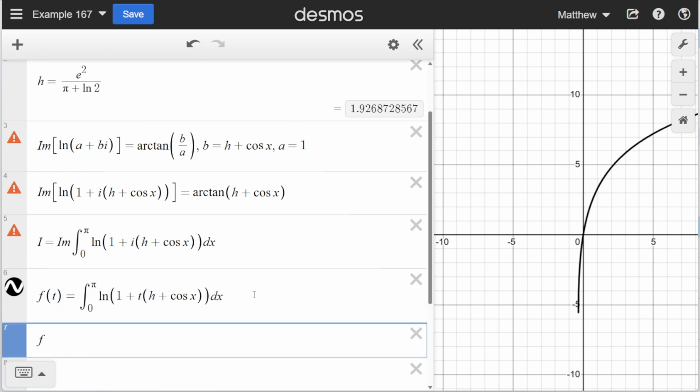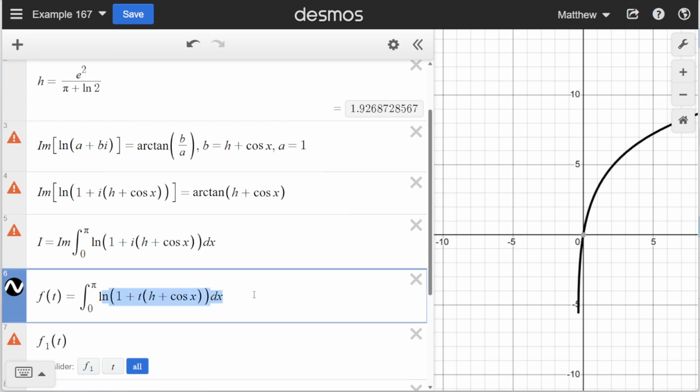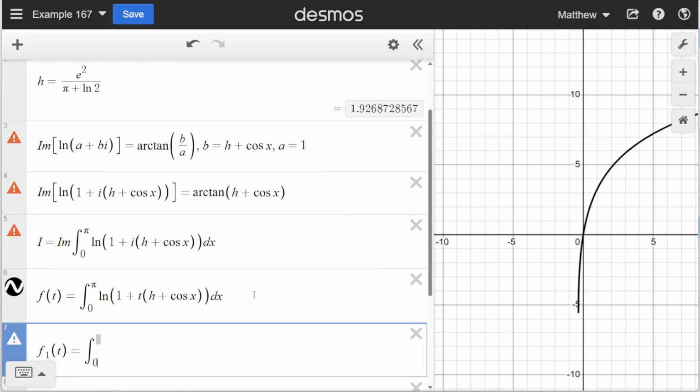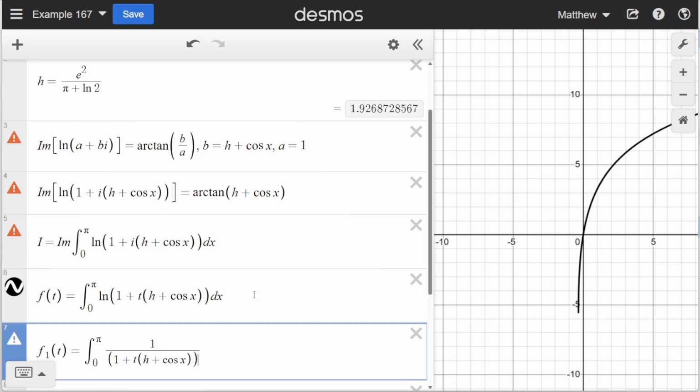So now I'm going to write it as f1 of t. Just know that that means f prime of t. It's going to be equal to the integral from 0 to pi of 1 over this thing right here times the derivative with respect to t of the inner function, which is just going to be h plus cosine x dx.